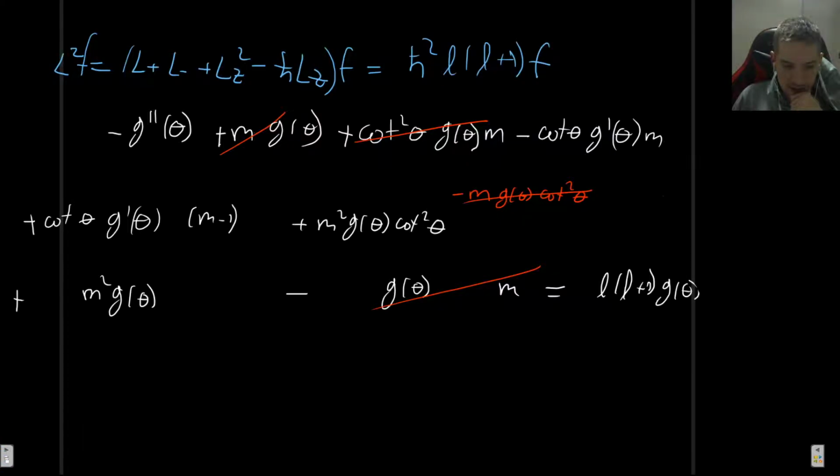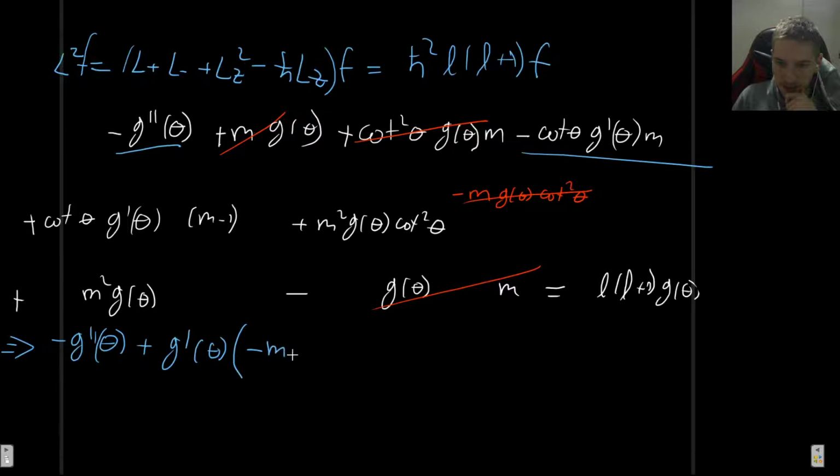So let's now write it down here. I'm going to change color to make sure that we see that this is different. Let's group all the orders of derivatives together. So here's the second derivative. Now let's just put g prime of theta factor of, let's see. Well, we already included this part. We have here minus m cotangent of theta. And here we have, let's actually write it separately because there are two parts here.